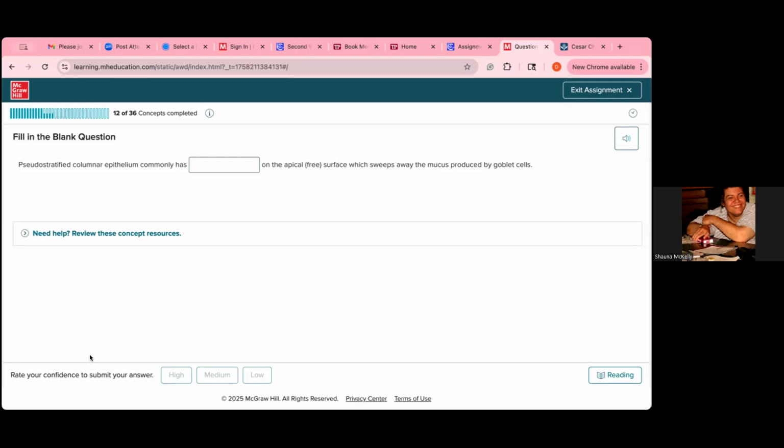Okay, so now we might have to go and read this one. Pseudostratified columnar epithelium commonly has blank on the apical free surface, which sweeps away the mucus produced by goblet cells.